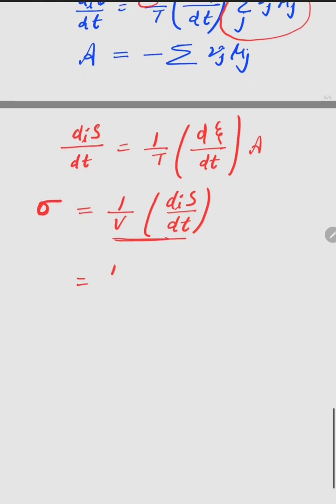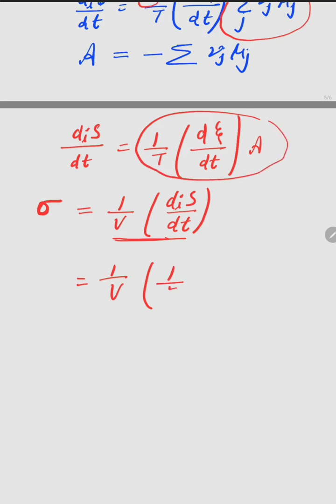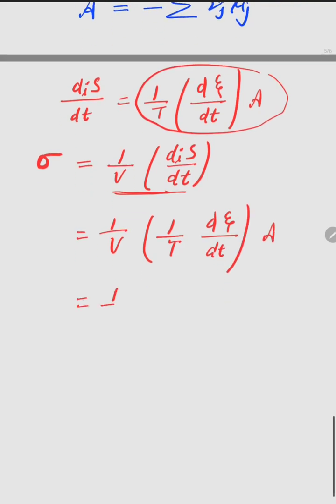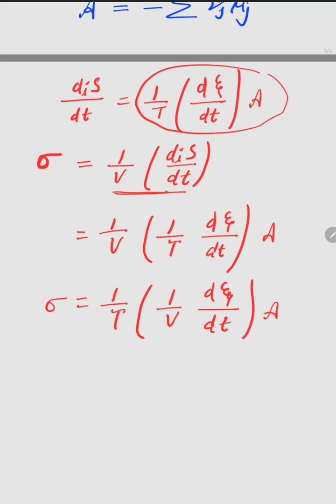So this is equal to 1 upon V, d_iS/dt, which is given by this formula (1/T) d chi/dt into A. Just rearrange this: T is taken outside and V is taken inside the bracket, into A. So this is the final formula for the entropy production in a chemical reaction.